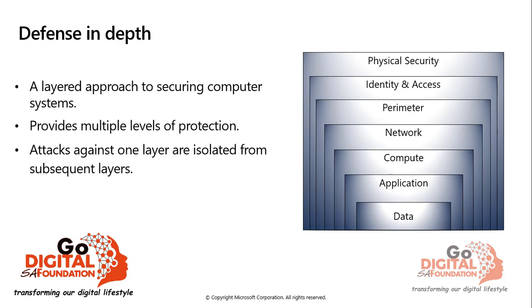And then we have the application layer. The application layer helps ensure that applications are secure and free of security vulnerabilities. Oh, that word, vulnerabilities. Hackers like vulnerabilities and they use them a lot. Okay, and then the data layer controls access to the business and customer data you need to protect.